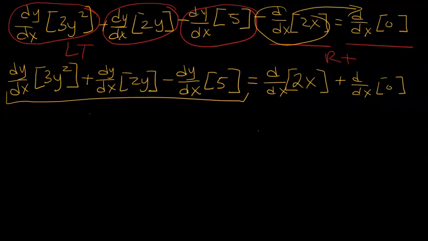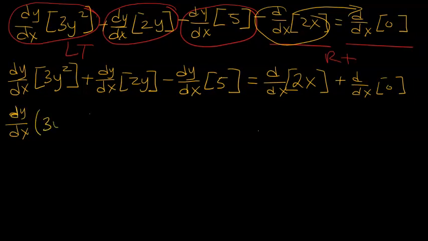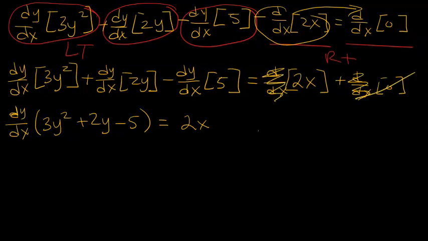So let's go ahead and do that. I'm going to factor out dy dx, parentheses 3y to the second plus 2y minus 5 equals 2x. I got rid of d dx because I actually don't need it at all, and that 0, I certainly don't need that. So I just have 2x now.